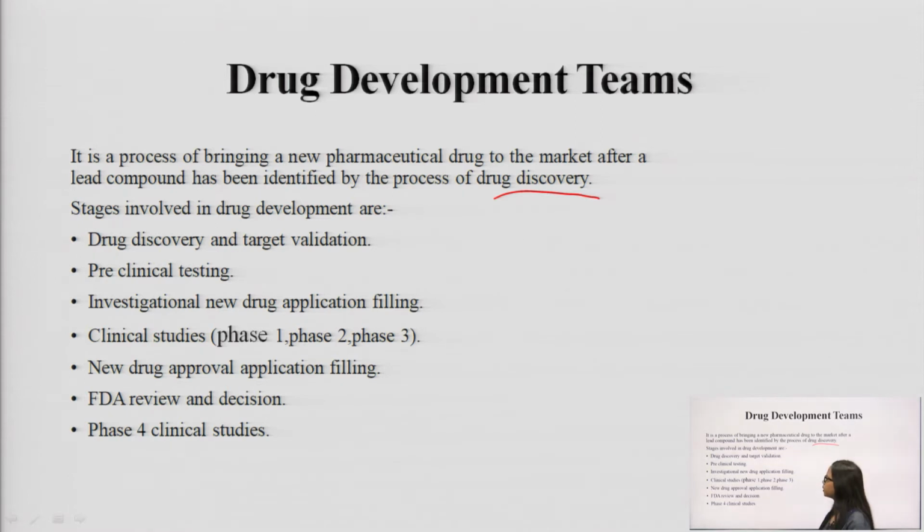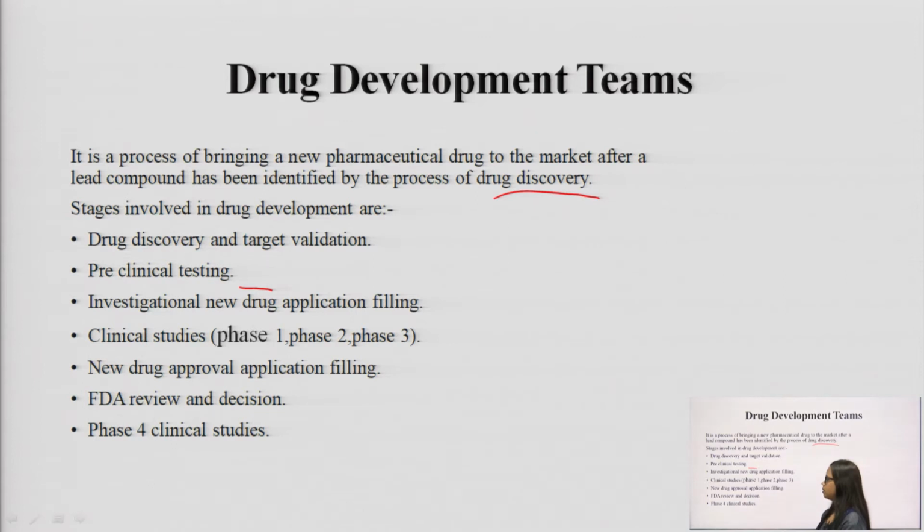For this, the various stages involved in drug development are: number 1, drug discovery and target validation. First of all, we do drug discovery and its target. Next is preclinical testing, that is, testing before clinical studies.